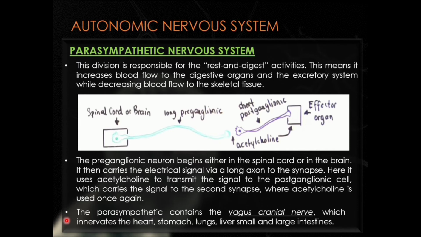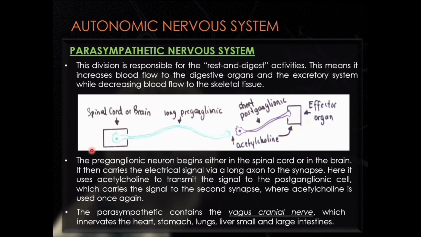Thus, the parasympathetic division of the autonomic nervous system is responsible for the rest and digest activities. This means it increases the flow of blood to our digestive organs and excretory system. So that means the blood vessels carrying blood to our digestive organs increase in size.